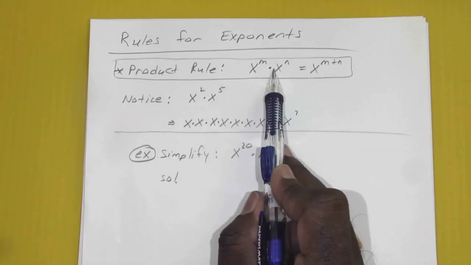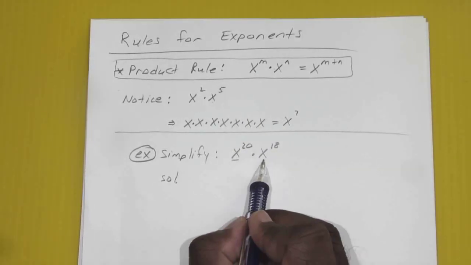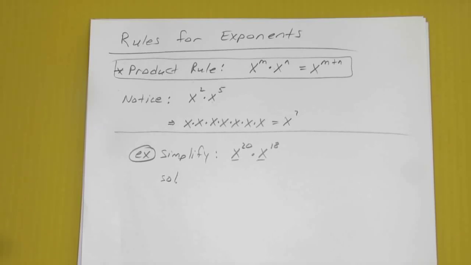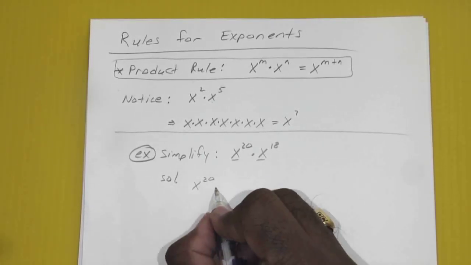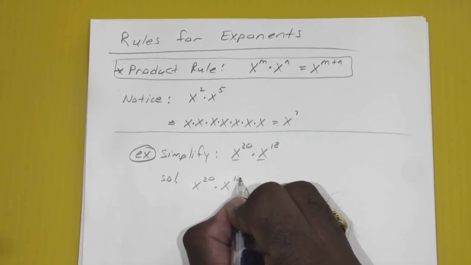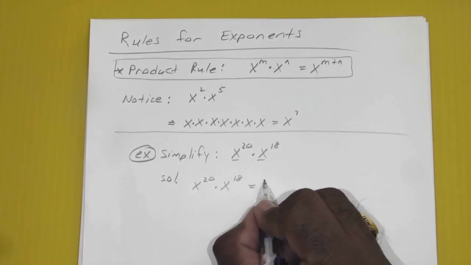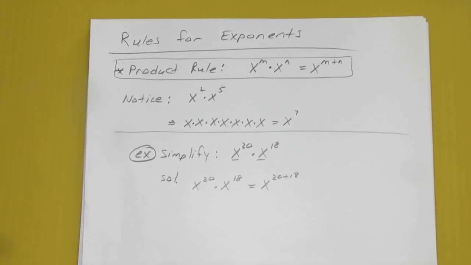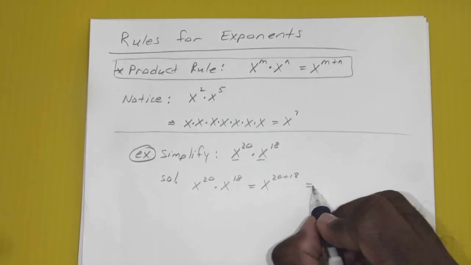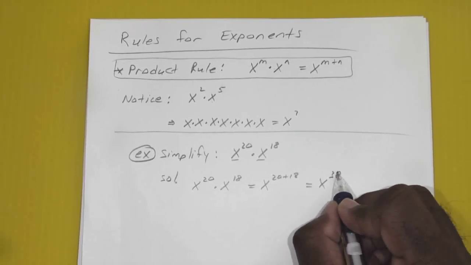Because x to the m times x to the n, as long as those bases are the same, you can just add your exponents. So x to the 20th power times x to the 18th power is just x to the 20 plus 18. So that's x to the 38th power.